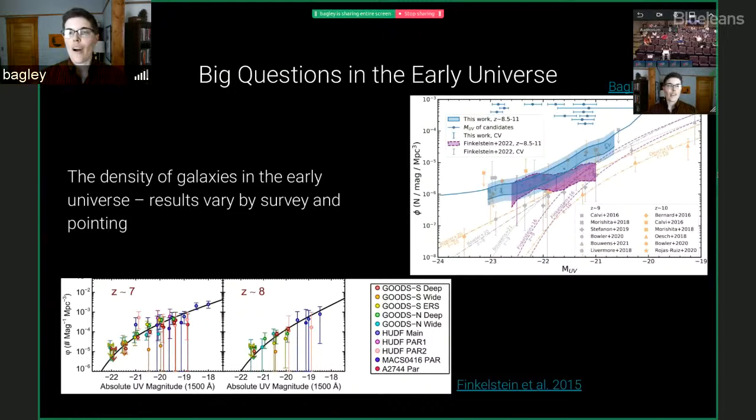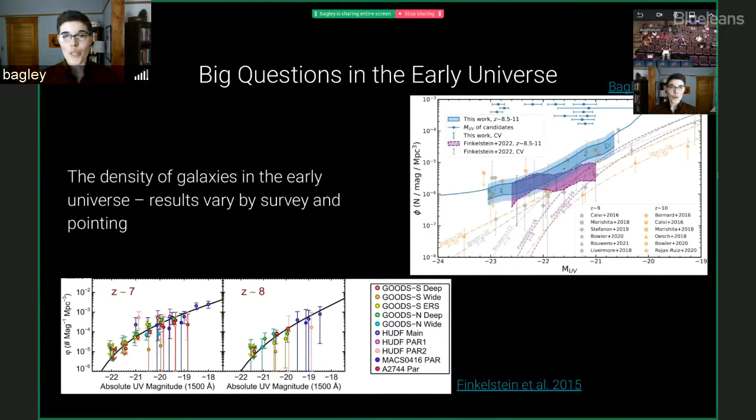There are of course many great studies to look at here, but what I'm trying to highlight is that the densities we were measuring pre-JWST were a little bit all over the map. In some cases, results varied by survey strategy, but in some cases, like in the lower luminosity functions here, what we're looking at is a real pointing-to-pointing variation, field-to-field variations. So our results as we push to fainter magnitudes in the luminosity function are being affected by cosmic variance.